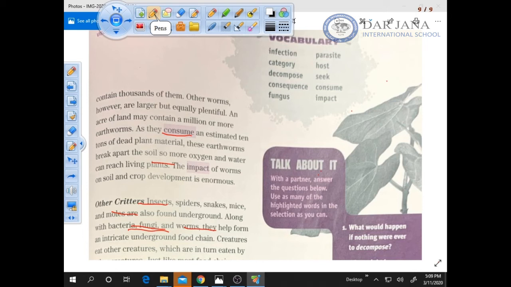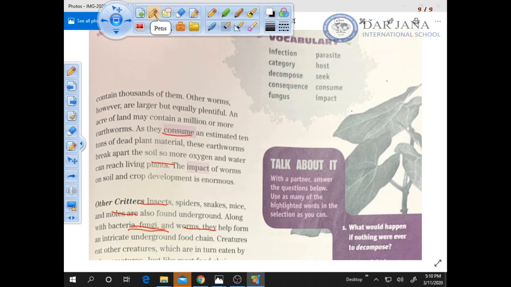Now here, it says an acre of land may contain 1,000,000 or more earthworms. And an earthworm is a small, tiny animal or organism that feeds on other plants. And that has been highlighted through the text before.